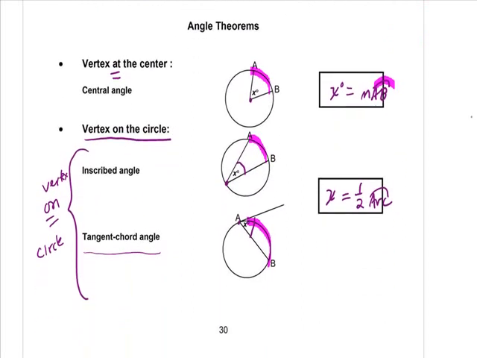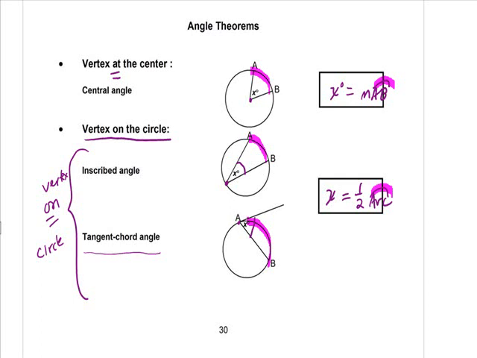The first three on page 30, we already knew that the central angle was equal to its intercepted arc, and we already knew that the inscribed angle is equal to half its intercepted arc. So what I did here is I just marked my arc in pink, and I'm going to mark this in pink over there. Color coding on these first ones is not going to make that much of a difference.